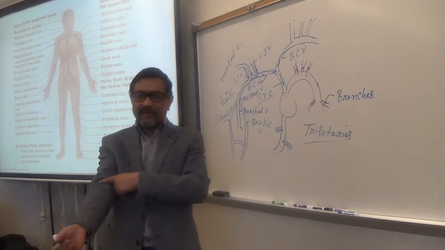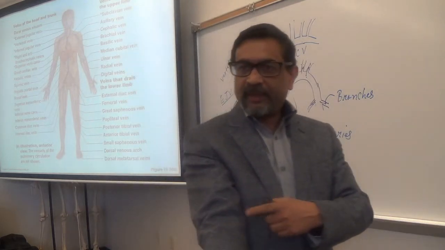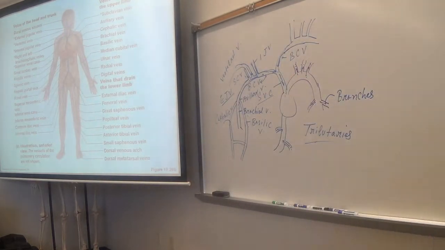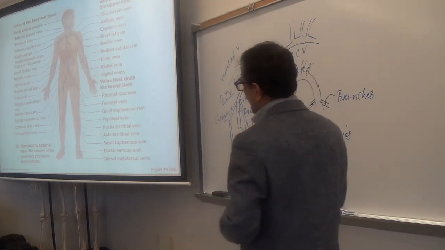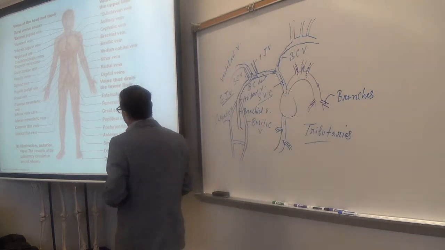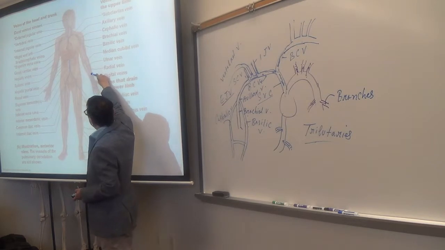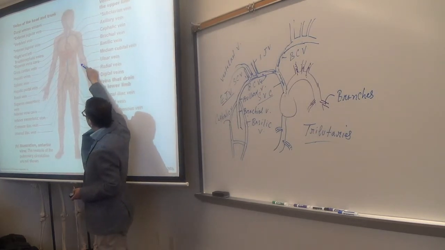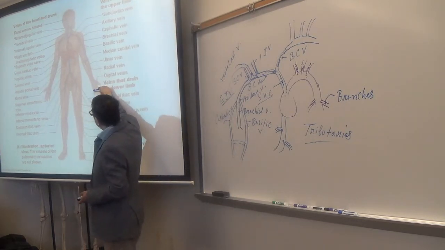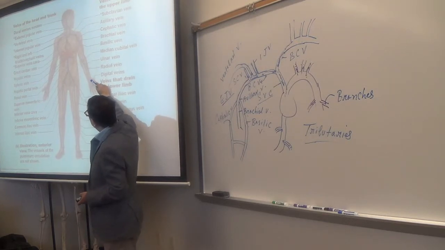Median cubital vein is the vein from where most of the time the blood is collected for the lab test. Then cephalic and basilic continue all the way to the palm.